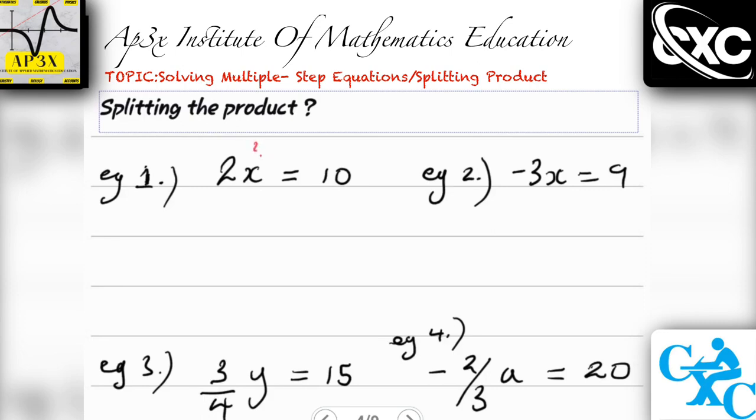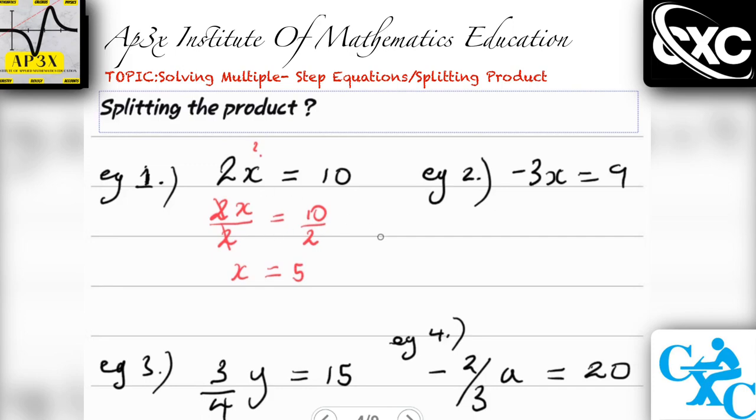The only way that we can actually do this is to divide both sides of the equation by 2. And remember the importance of maintaining the same operation on both sides of the equation is to ensure that the equation is kept balanced. So therefore 2 will cancel 2, and we're easily left with an answer of x is equal to 10 divided by 2, which works out nicely to be 5.